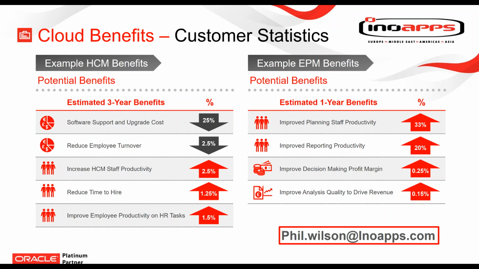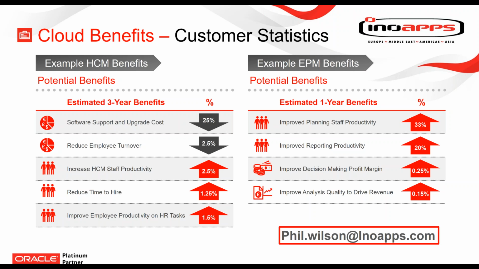So if you look at the HCM side of things, in our model, we're saying the software support and upgrade cost drops by 25%. Employee turnover, because you're investing in a people management solution, drops by 2.5%. Staff productivity up by 2.5%. And all of these you can relate and monetize.